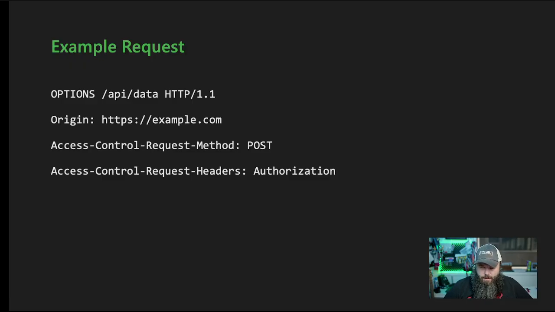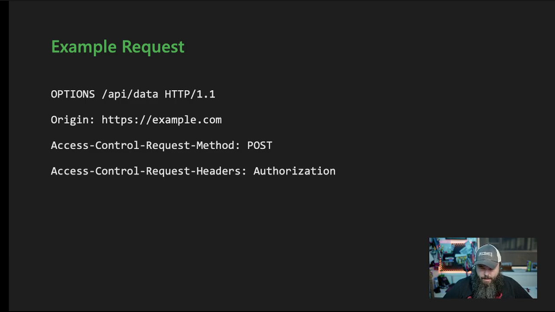If the method is other than GET, HEAD, or POST, if the POST has a content type that is not one of the simple ones, or we contain custom headers, it contains the Origin header indicating the requesting site. It contains the method of the intended main request, and it lists any headers that are allowed.